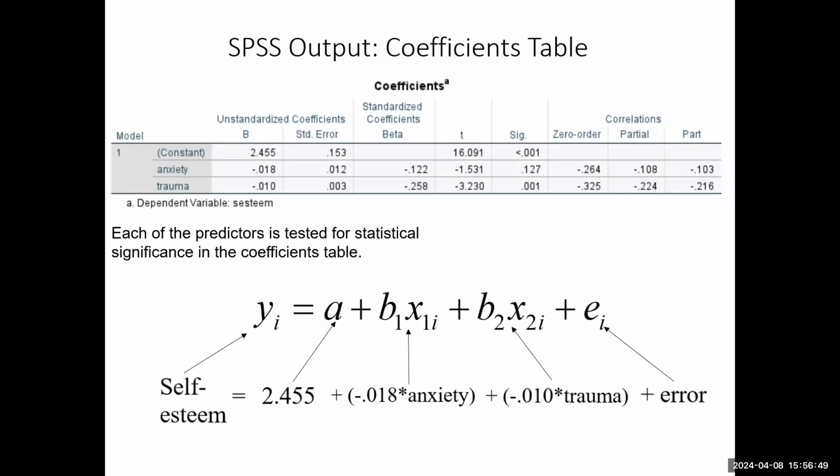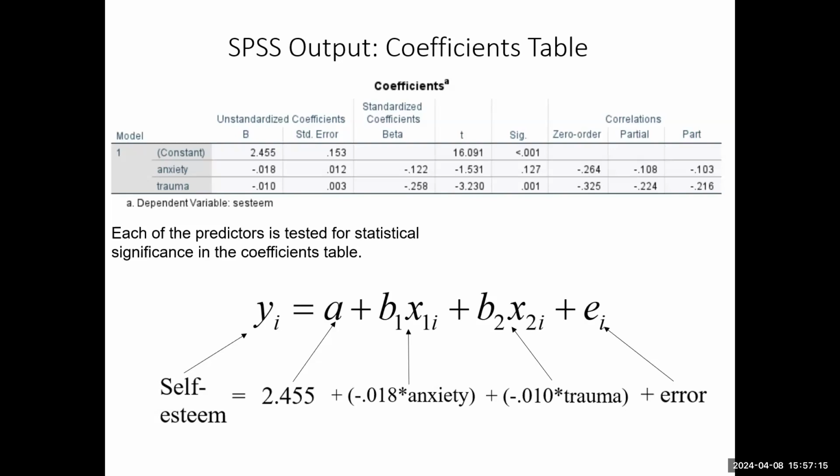What I mean by that is if the predictor in question predicts incremental variance in the outcome over and above all of the other predictors in the model, then that predictor will be statistically significant. And so in the present example, that is true for trauma symptoms, but not true for general anxiety symptoms.